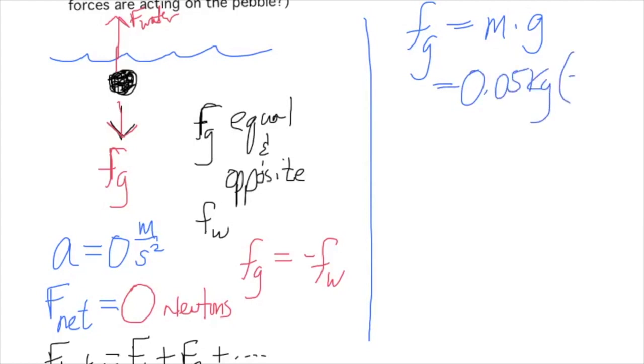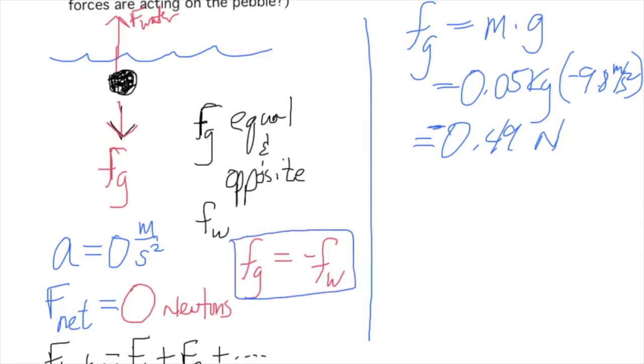The gravity on this planet is negative 9.8 meters per second squared. I take that 0.05 times 9.8, I end up with 0.49 newtons. Negative, of course, because it's moving down. That's the force due to gravity. And we just said that the force due to gravity is equal and opposite to the force due to water.